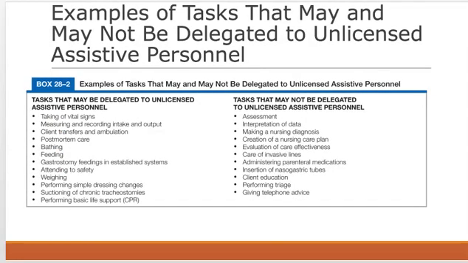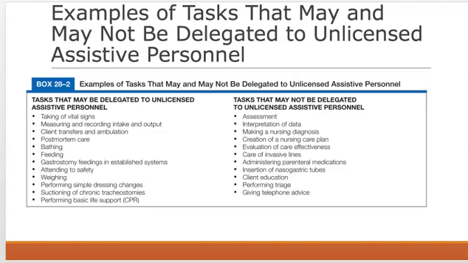So here are some examples of tasks that may and may not be delegated. This is for an unlicensed assistive personnel, and we're getting used to using this new terminology called a UAP. Taking vital signs, recording intake and output, transferring and ambulating patients, taking care of patients after they've passed away, called postmortem care, bathing, feeding.